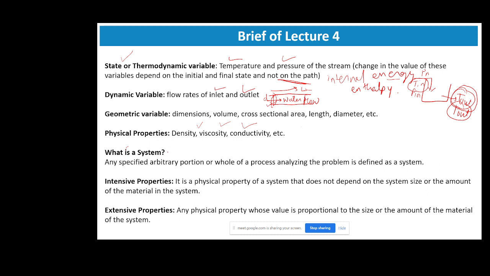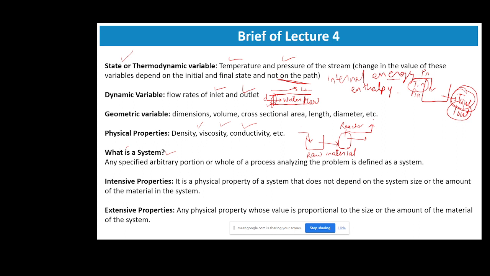Next comes, what do you mean by a system? Say for example, you have a process in which raw material is being processed. This is the inlet, this is the outlet. Now this goes to a reactor, and there are two types of products.